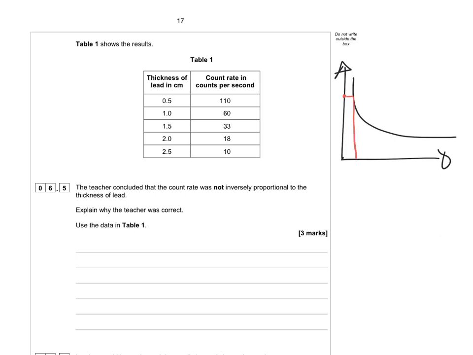If you take 2 corresponding values, let's say the red one and the blue one, if this data is inversely proportional, then multiplying those 2 together should get you a number. Actually, let's call it X. Multiplying those 2 together should also get you X, and multiplying those 2 together should get you X. That is a very specific relationship.